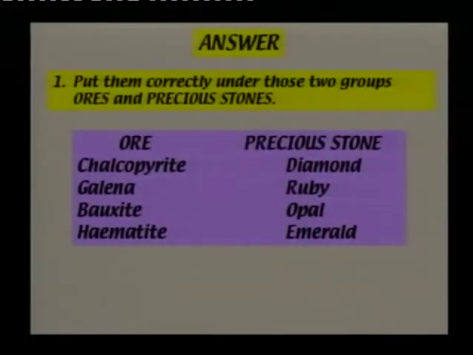So we double check and make your correction. Under ore, you have chalcopyrite, you have galena, you have bauxite, and hematite. Under precious stone, you should have diamond, ruby, opal, and emerald. And if you got those under the 2 headings, then give yourself a tick. Well done. We'll move on to number 2.